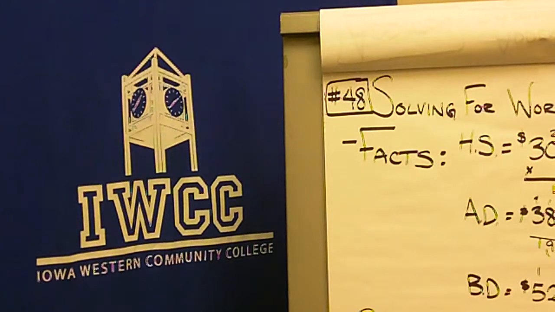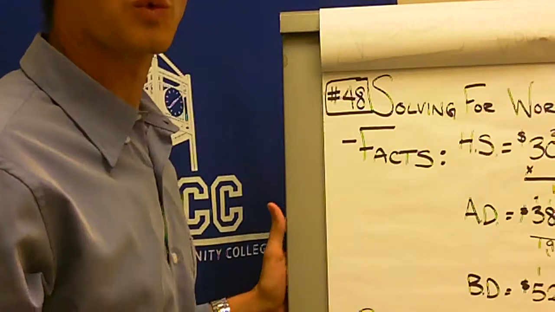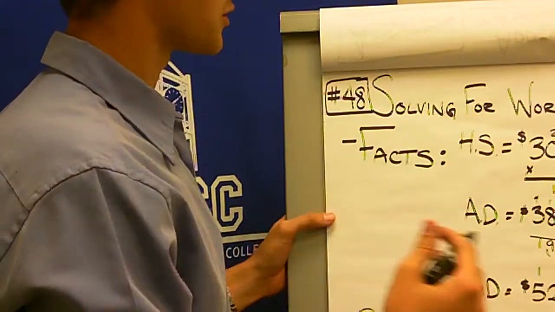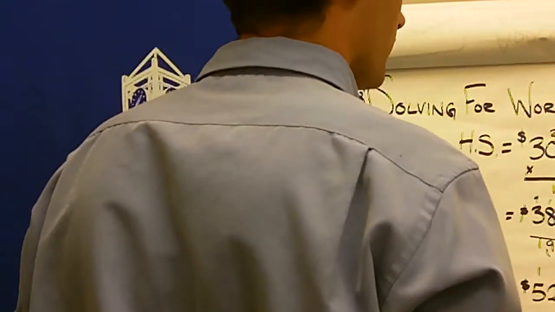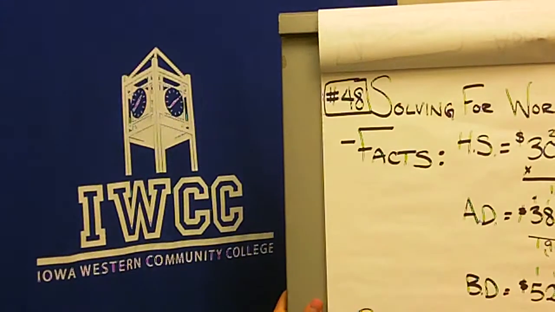And then it asked us to figure out the difference between a bachelor degree and a high school graduate, and the difference between an associate's degree and a high school graduate. So what do we need to do? What is the difference? We need to do subtraction. For each one, we're just going to subtract the amount that the high school graduate made, using simple subtraction.